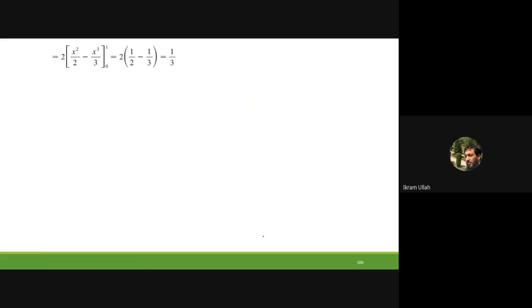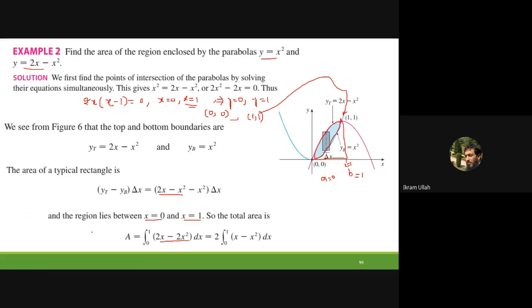By integrating this, the integration of x is x square by 2, and minus x cube by 3, with the limit from 0 to 1. Now using the fundamental theorem of calculus, we write upper limit minus lower limit. Simplifying this, it is equal to 1 by 3.